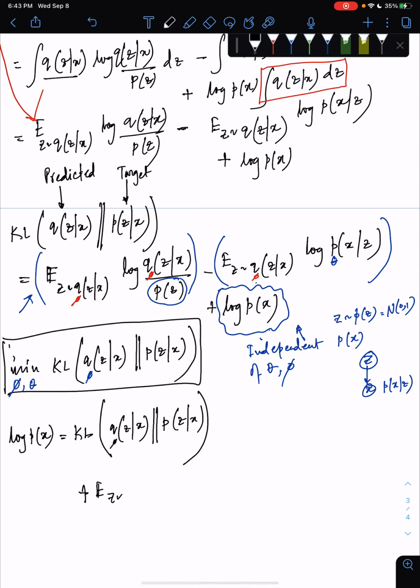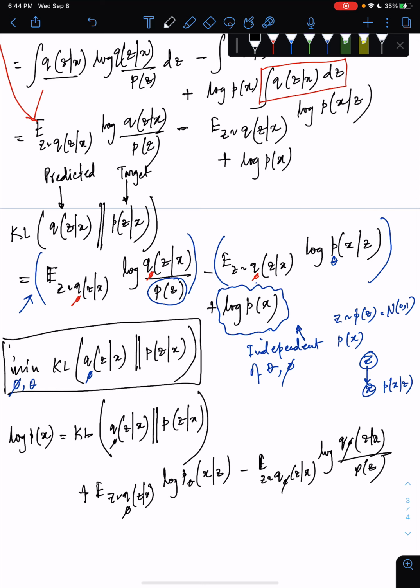This is nothing but the expectation over q phi z given x of log p theta x given z, minus the expectation over q phi z given x of log q phi z given x over p z.